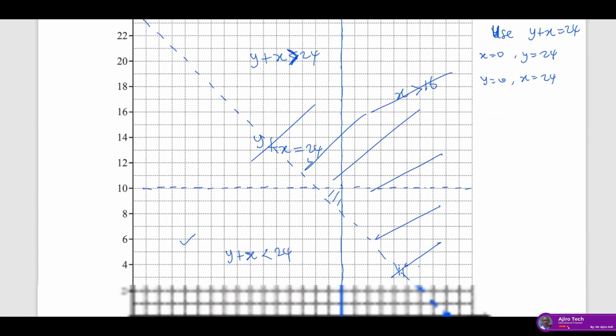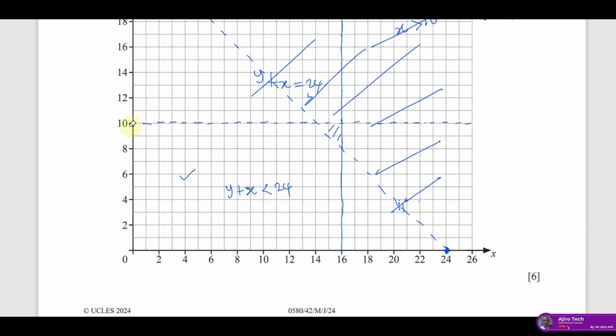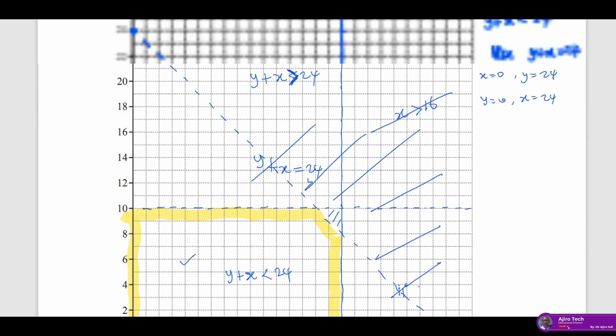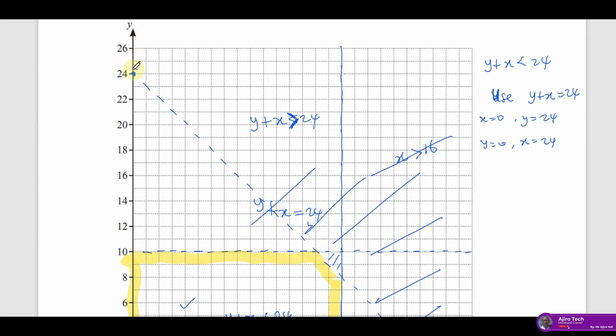Okay, that means we need only this region shown like this. So this is what we are looking for. Everything else should be cancelled. Just try to cancel it at 45 degrees to the positive x-axis.